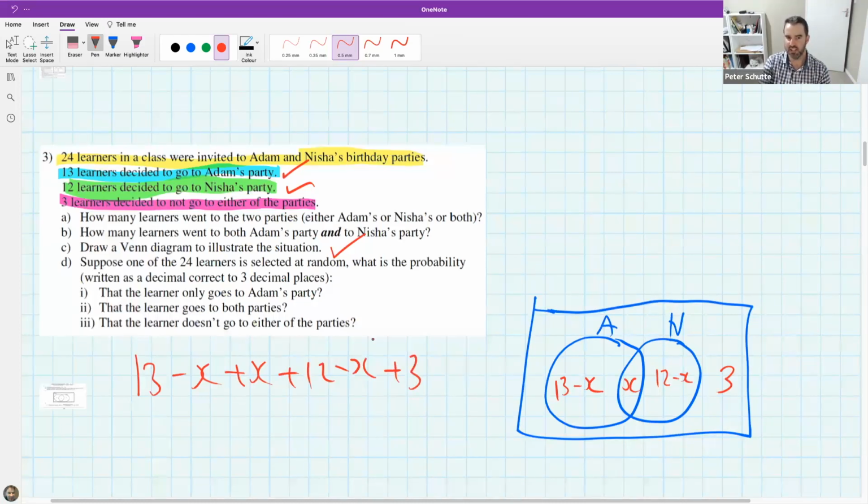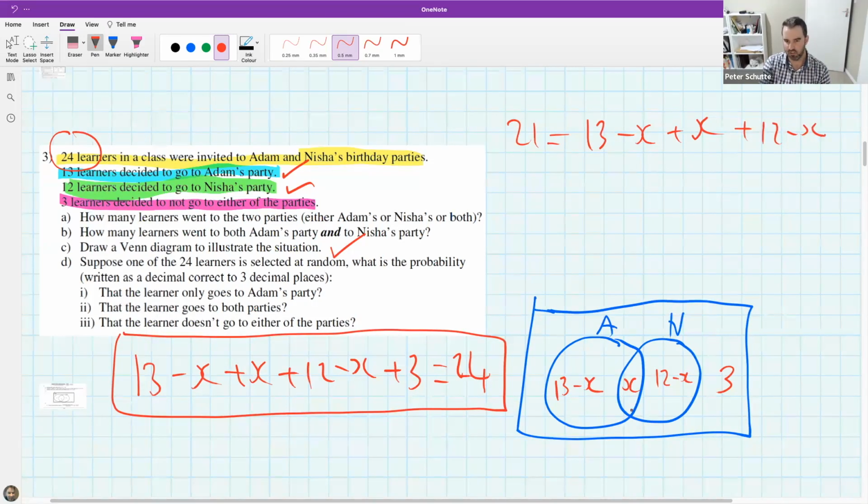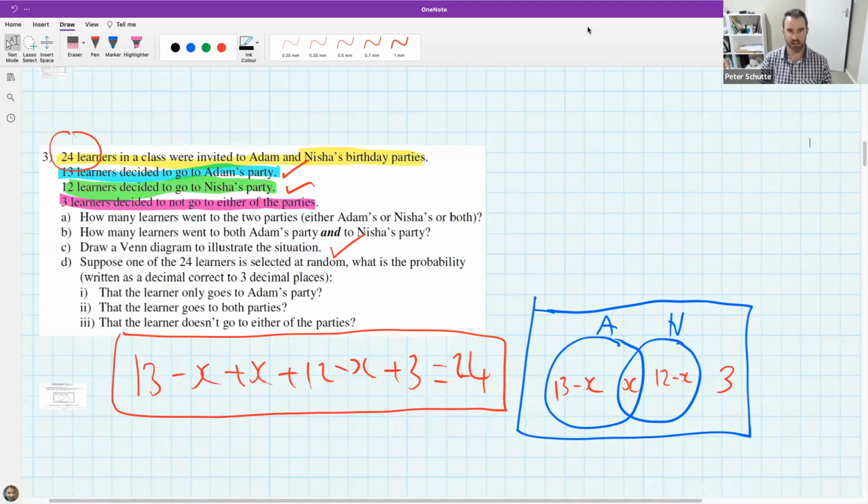Those are all the regions here, and we know there were 24 learners in the class. So that's one way of setting up your equation. The other way of doing it is, if you know 3 are out here, there must be 21 inside here. So you could also say 21 is equal to 13 minus X plus 12 minus X. Look, there's 3 outside, in total there's 24, so I know there's 21. But I'm going to stick with that one. Find X for me.